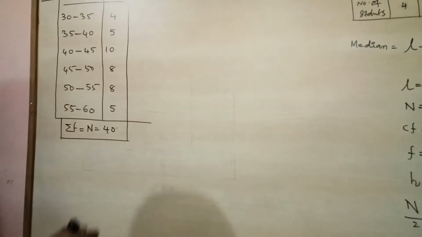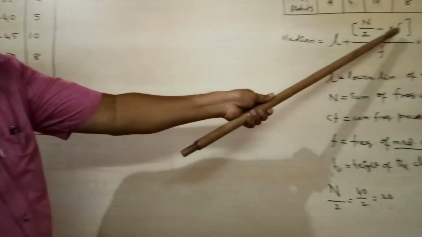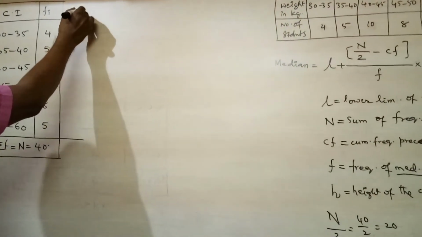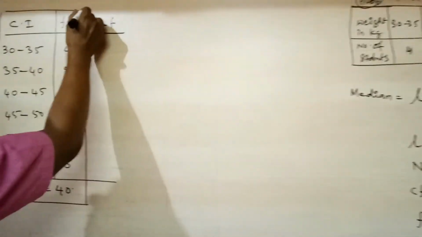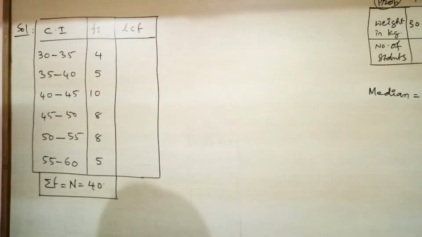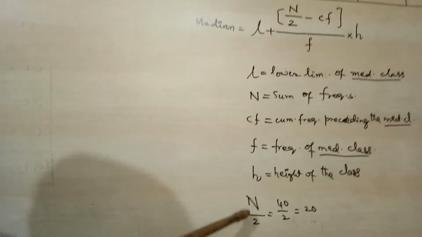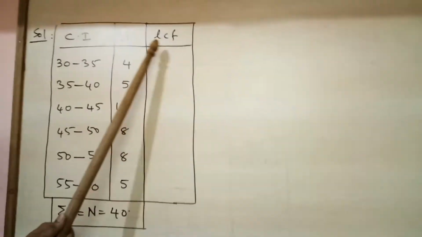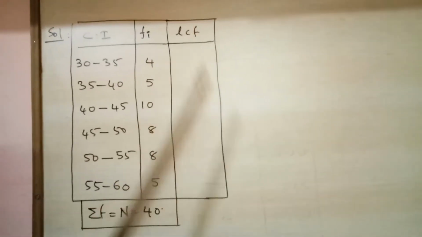That's why we should find the cumulative frequency value. To know about this n by 2 value, we extend this table with LCF, less than cumulative frequency.